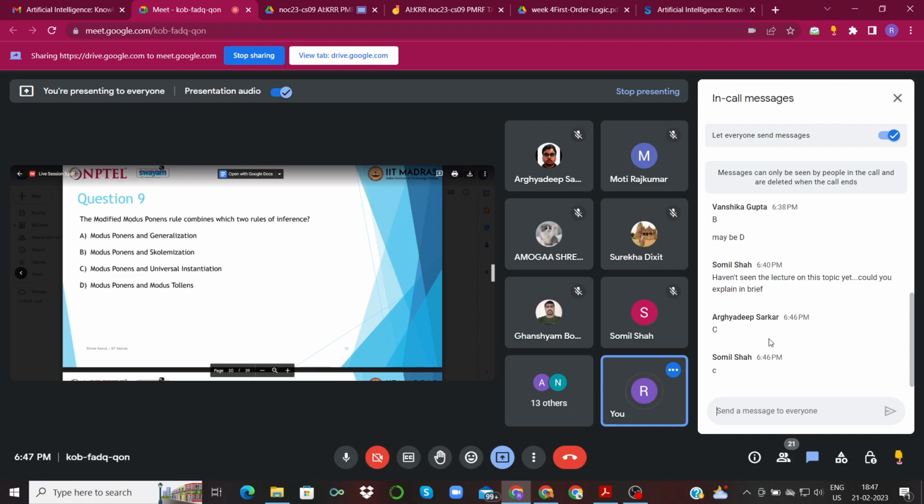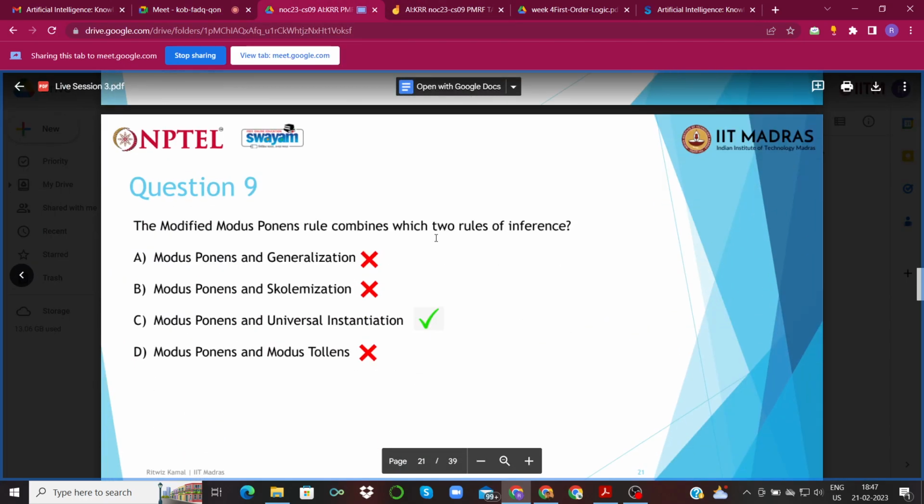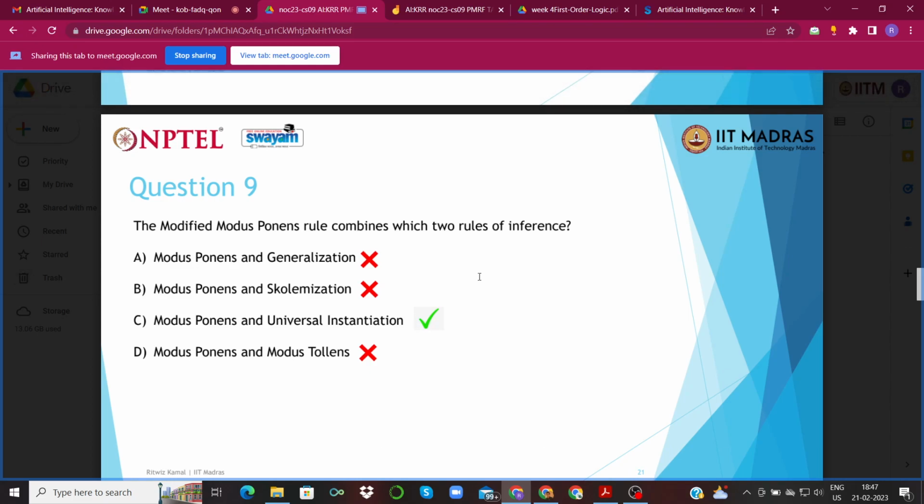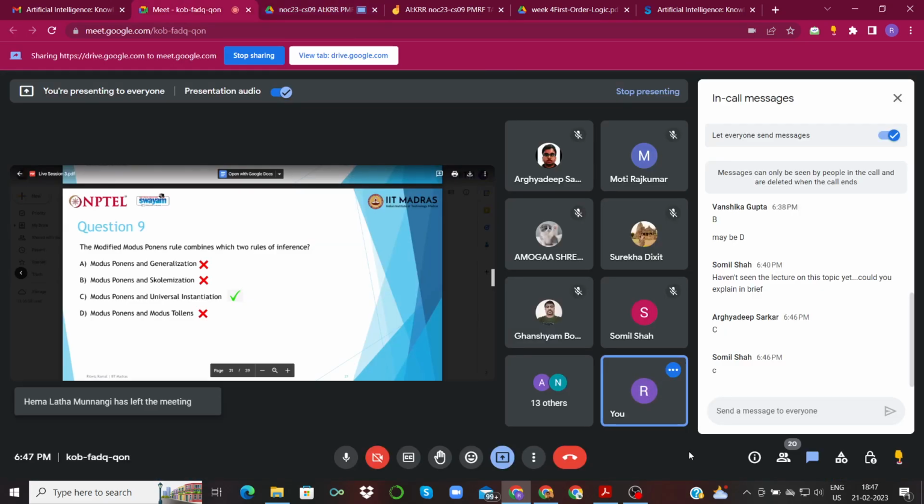That's great. So modus ponens and universal instantiation is actually the correct answer. Is there any doubt about this? Any doubts about what is universal instantiation or modus ponens?